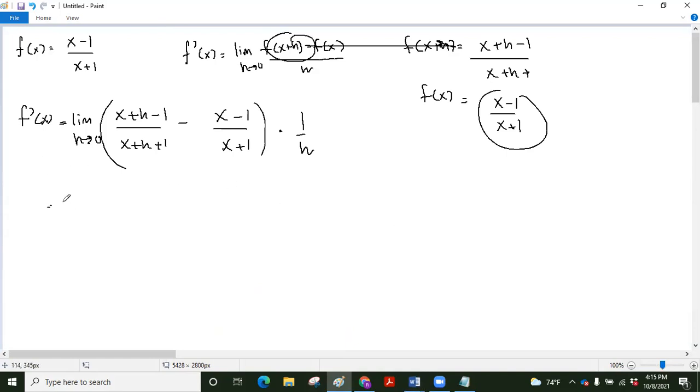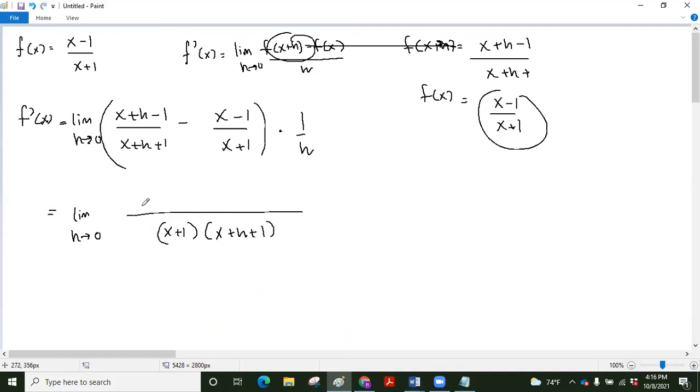And then we can combine. So this is the same thing as the limit as h approaches 0 of x plus 1, x plus h plus 1.